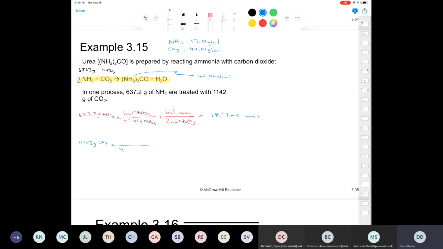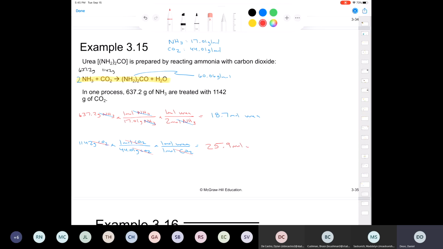I know that I have 44.01 grams of carbon dioxide in 1 mole of carbon dioxide from my balanced equation. I know that 1 mole of CO2 produces 1 mole of urea. I'll stop right there. You can see the grams of CO2 cancel out, moles of CO2 cancels out, and if I take 1142 divided by 44.01, that gives me 25.9.